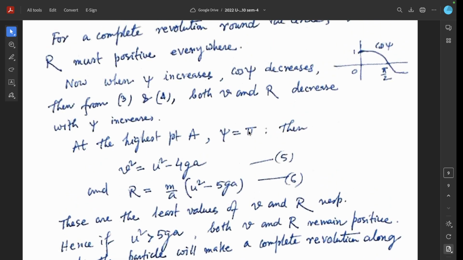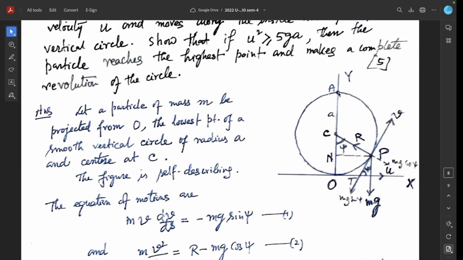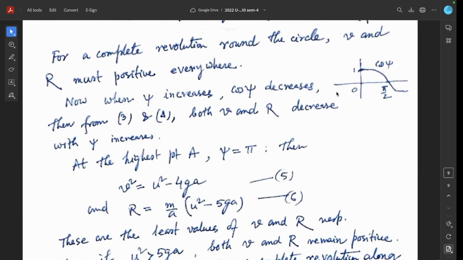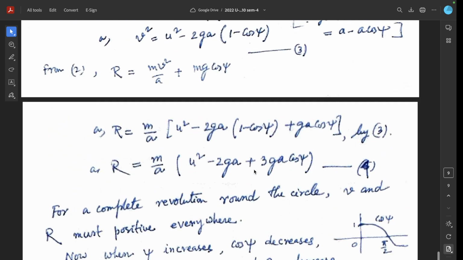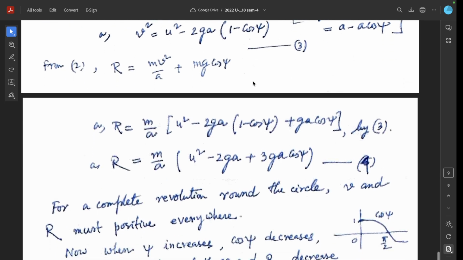The highest point is A, where psi equals pi. At this highest point A, cos pi equals minus 1.